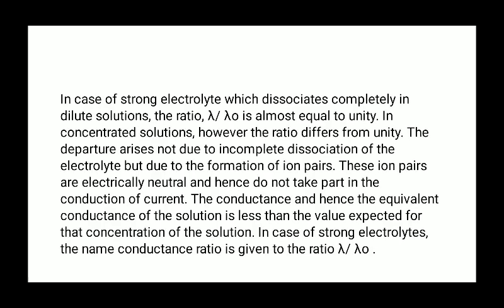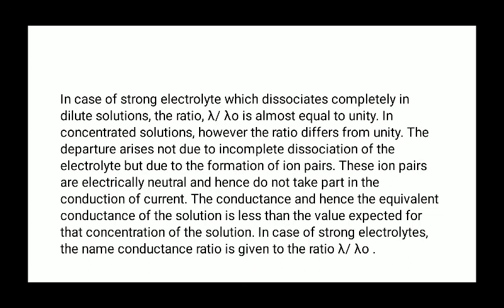In case of a strong electrolyte, which dissociates completely in dilute solution, the ratio lambda upon lambda 0 is almost equal to unity. In concentrated solution, however, the ratio differs from unity. The departure arises not due to incomplete dissociation of the electrolyte but due to the formation of ion pairs.